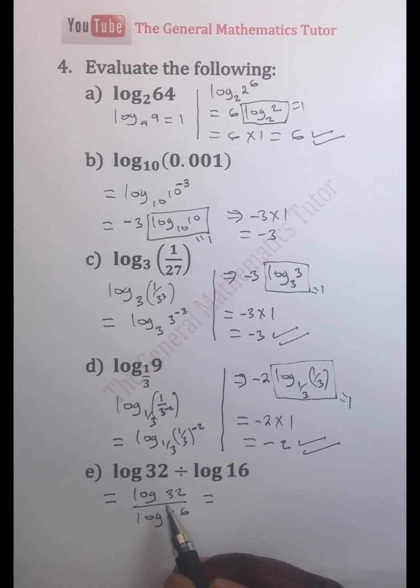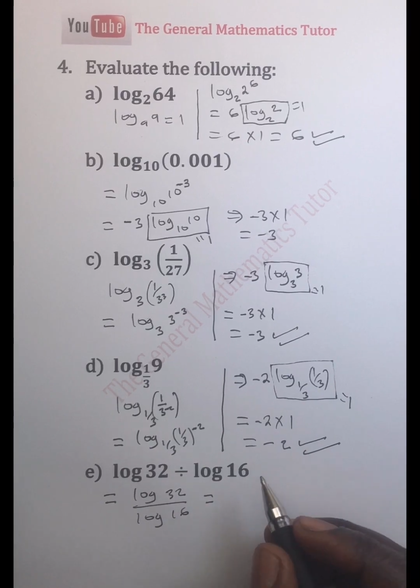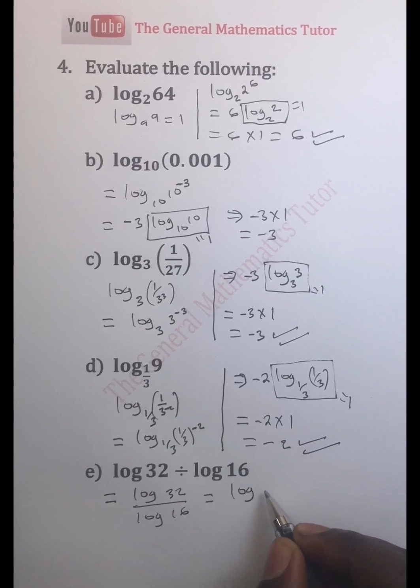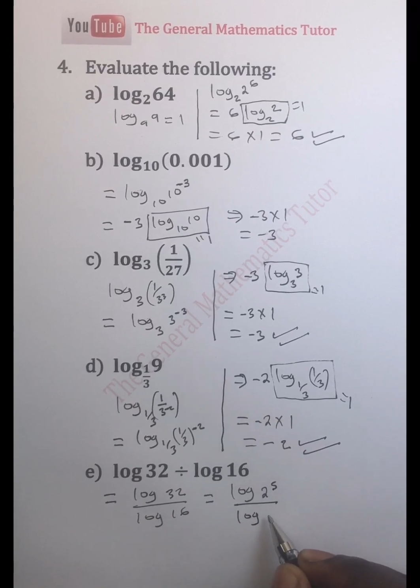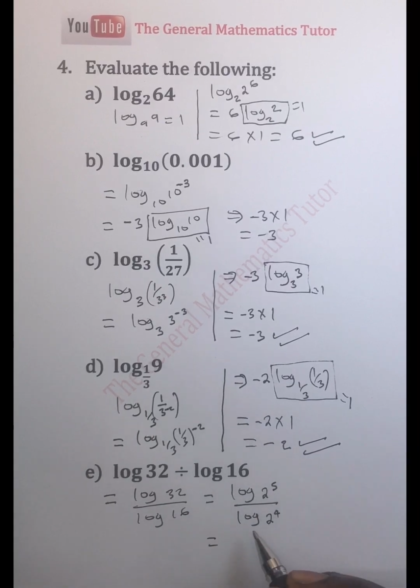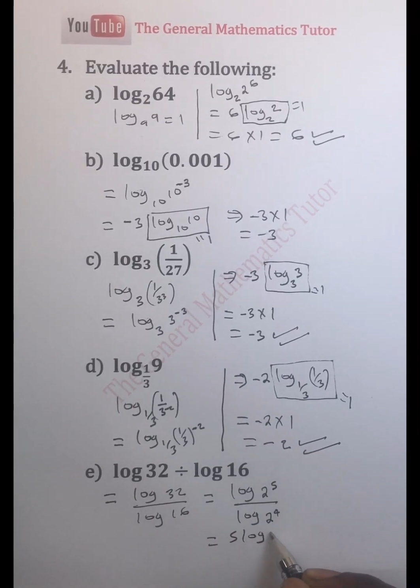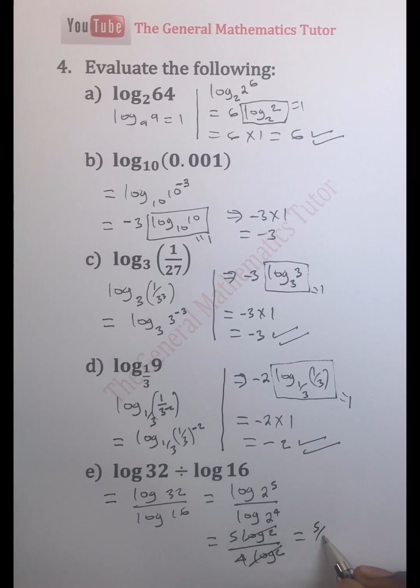So 32 can be written as 2 raised to power 5, and 16 can be written as 2 raised to power 4. From here we just apply the third law of logarithms so that we have 5 log 2 over 4 log 2. So log 2 and log 2 can cancel, so that we're left with 5 over 4.